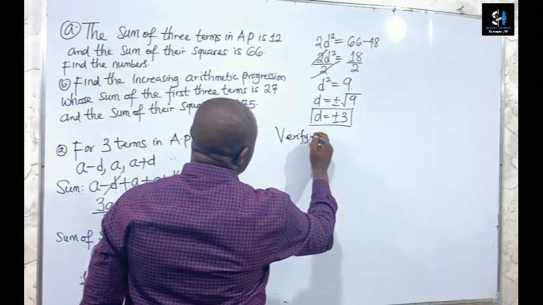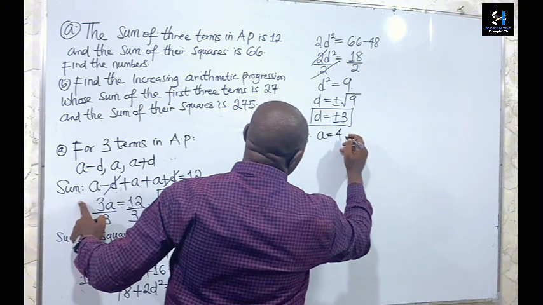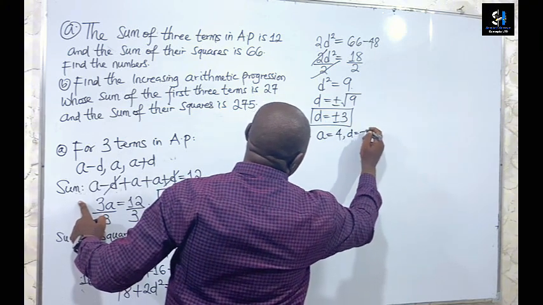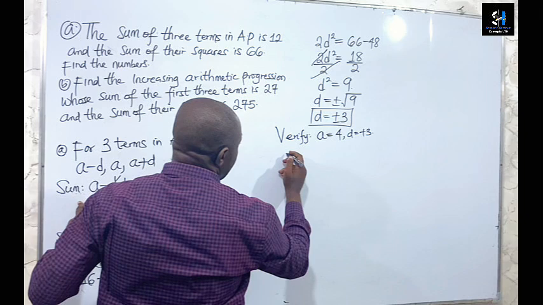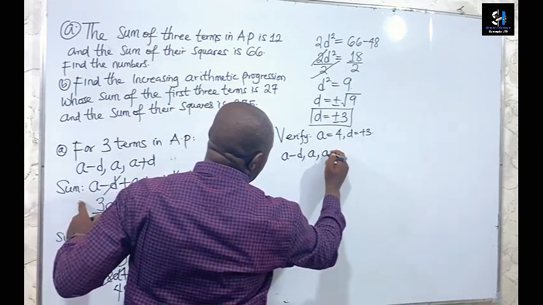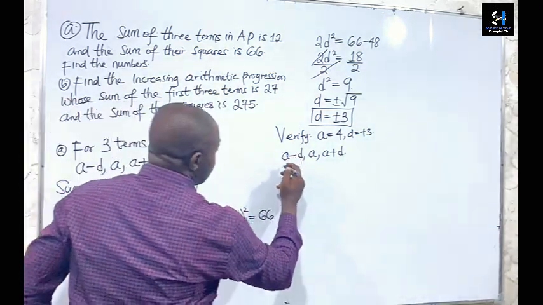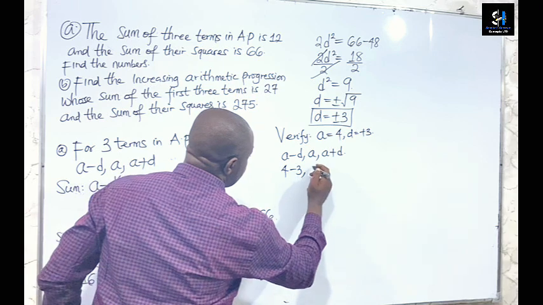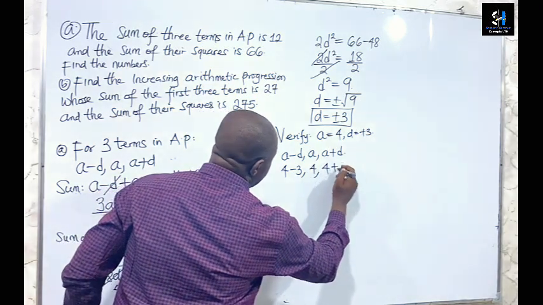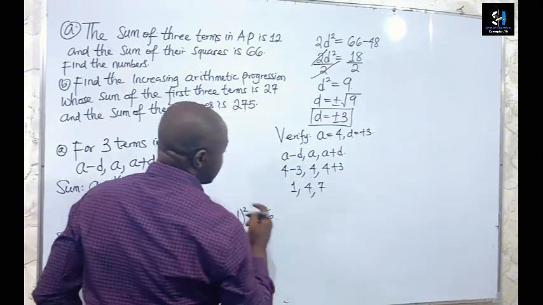We have A equal to 4. When D is equal to positive 3, we have A minus D, then A, and then A plus D to form the sequence. So this will be 4 minus 3, 4, then 4 plus 3. So this is 1, this is 4, and this is 7.